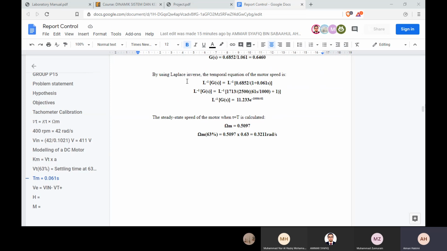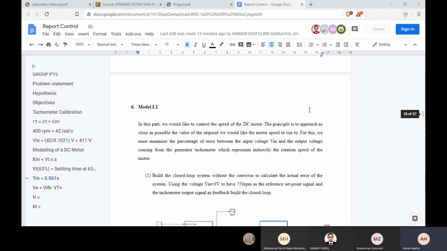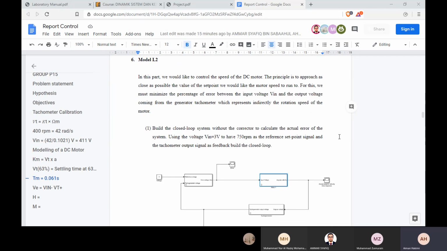And by using the Laplace inverse, the temporal equation of the motor speed is 11.233 exponent negative 1000 t over 61. Then we obtain the steady state speed of the motor, and the speed at 63% is 0.3211 radian per second. So that is all from part L1. Proceed to L2.